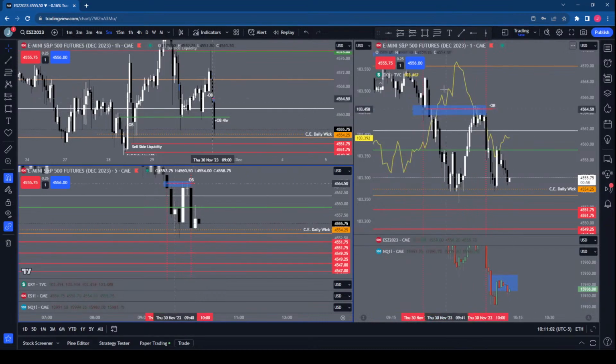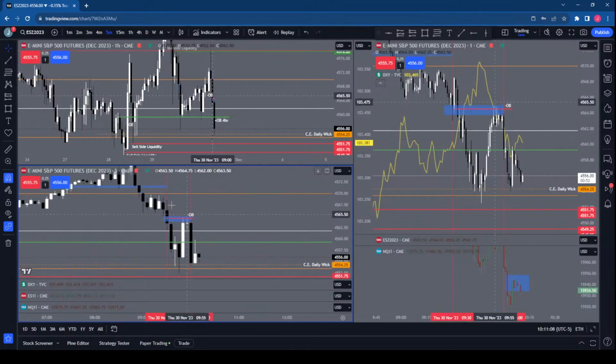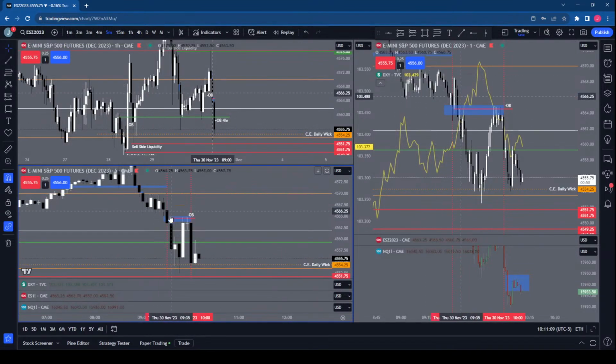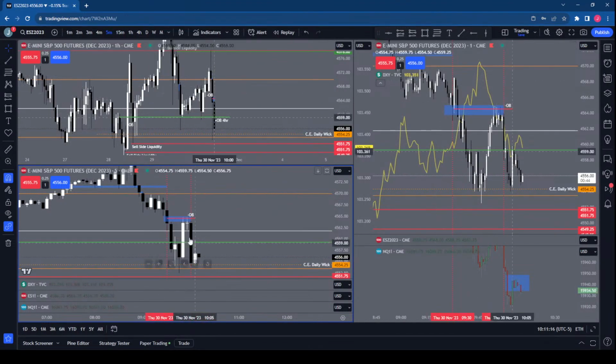So again, the fact that we had this consolidation, it's a swing high on the 5-minute. We came down, made a swing low on the 5-minute, came up, turned at a relevant point to make a lower high.